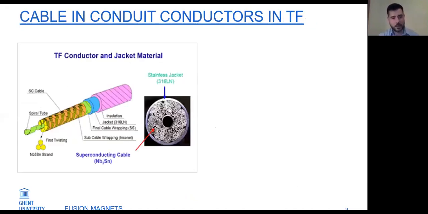Now we are focused on the niobium tin, the superconductor analyzed in this study. And we are going to see how a cable-in-conduit conductor looks in the toroidal field coil. This is an example for ITER. It is a round conductor.